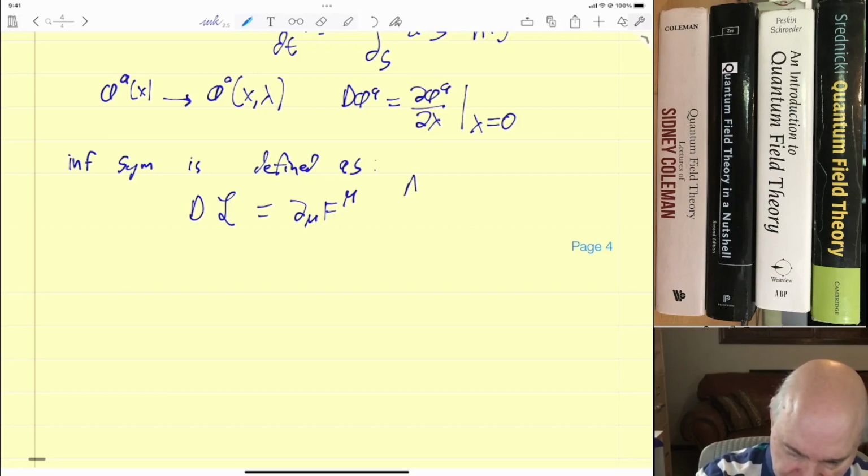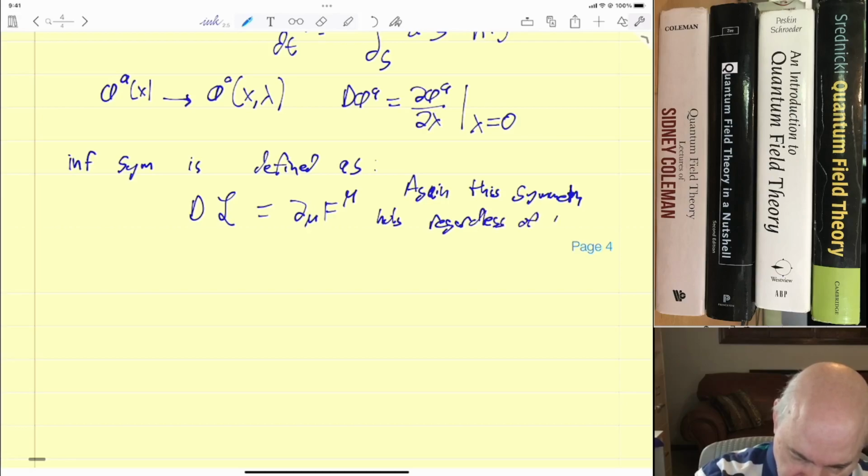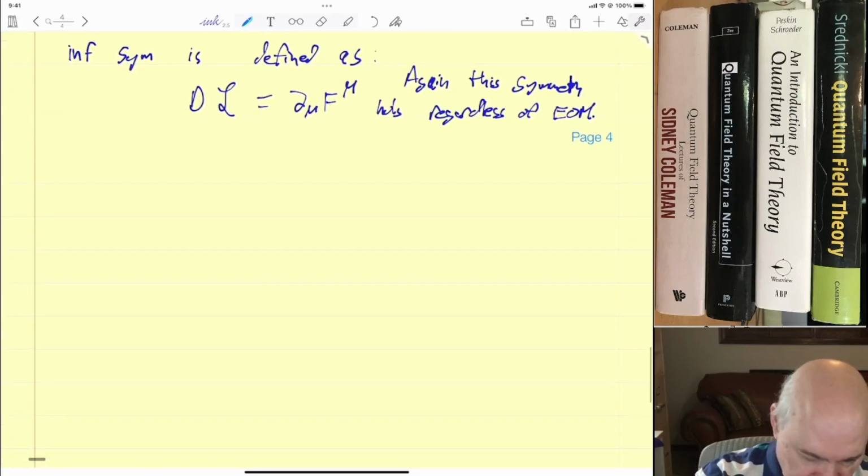And again, this symmetry holds regardless of equations of motion. Okay.